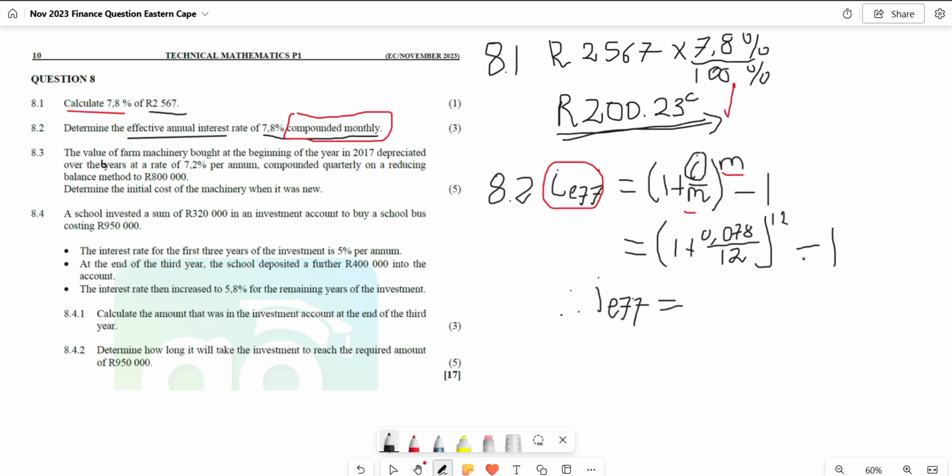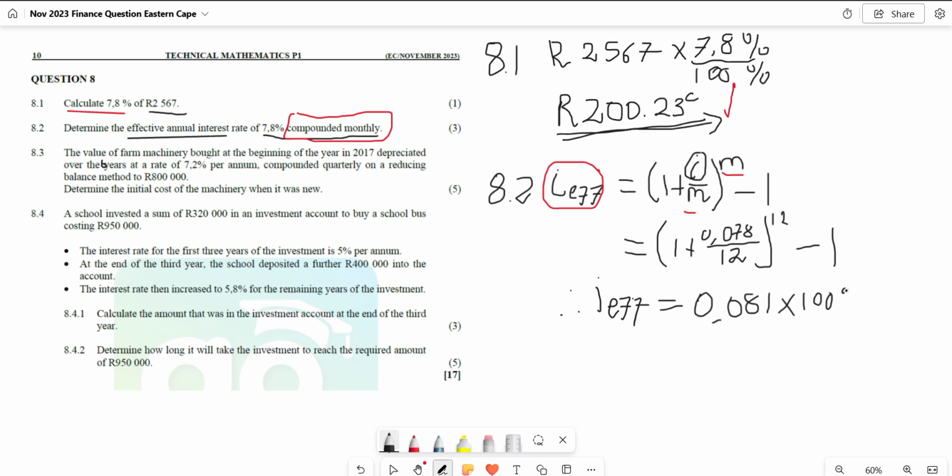This gives us I effective as a number, which is 0.081. Then we must multiply this by 100%, because I effective must be in percentage.